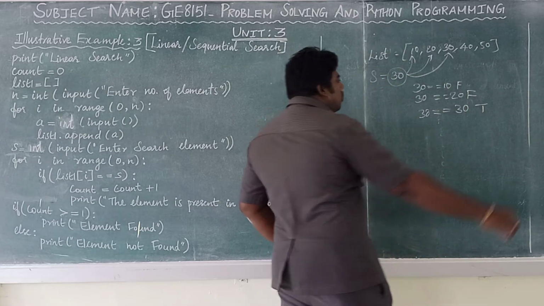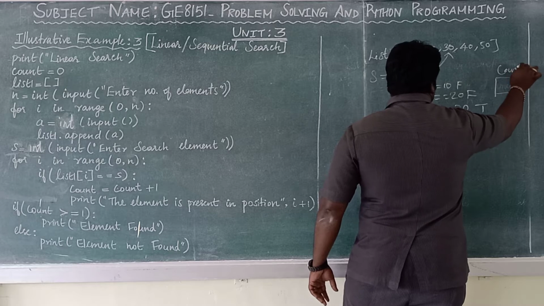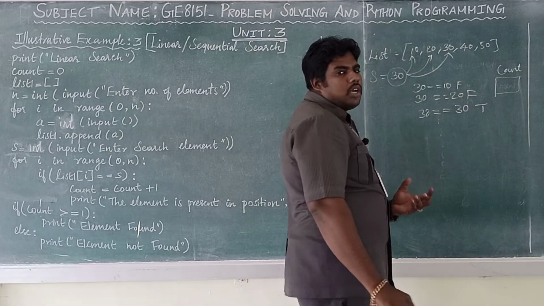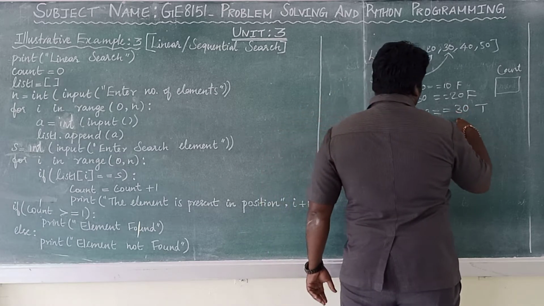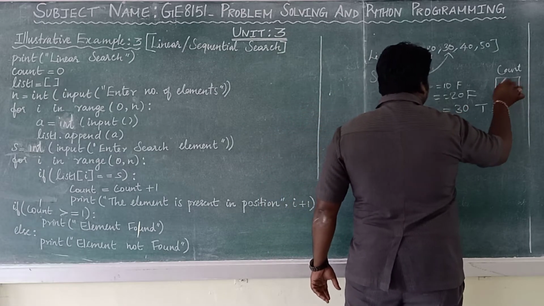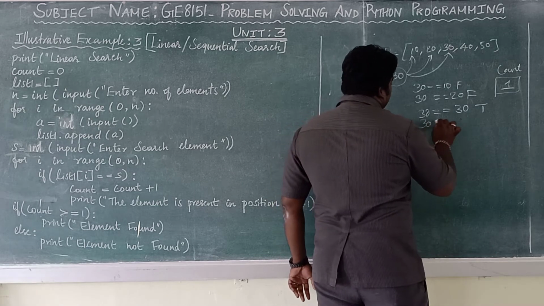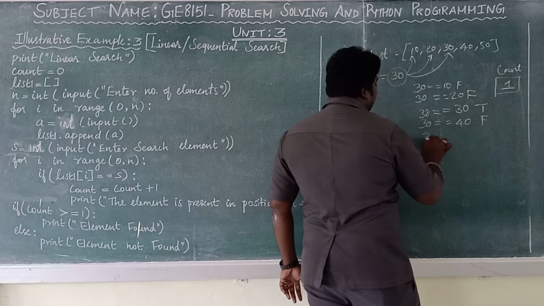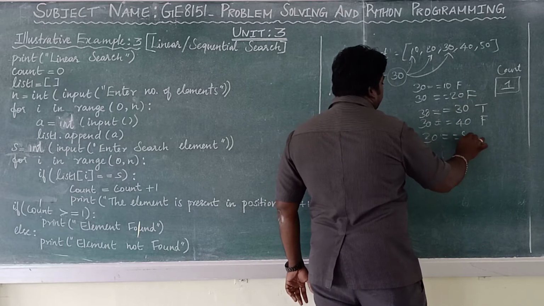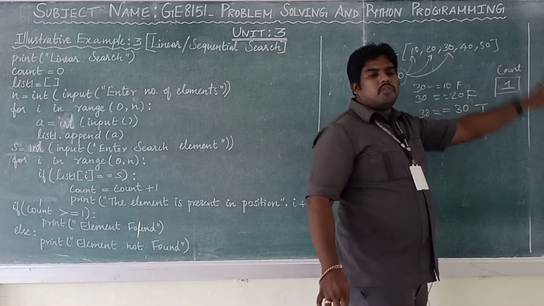Once it is true, I increase the counter. I am using one counter variable just to count how many times the element is present. So here 30 equal to 30, and I make the counter value 1. Again I check 30 equal to 40, false. Then 30 equal to 50, again false. After that the elements are over.